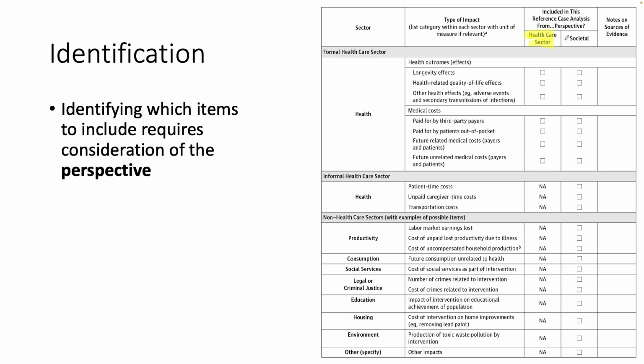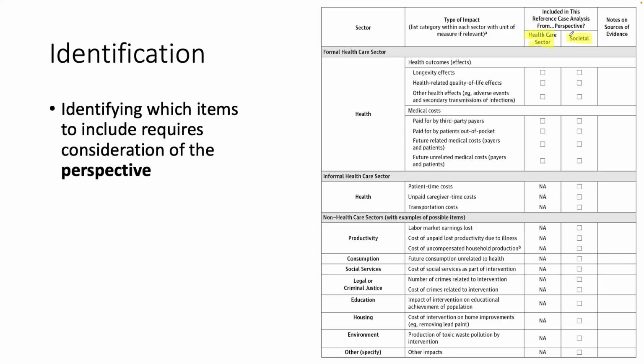So the two most common perspectives are the healthcare sector perspective and a societal perspective. Now, there are other perspectives that you can take. These are the two that tend to get used over and over in most CEAs. And then what this is doing is showing you what costs or what resources you should be considering in your CEA given these two perspectives.